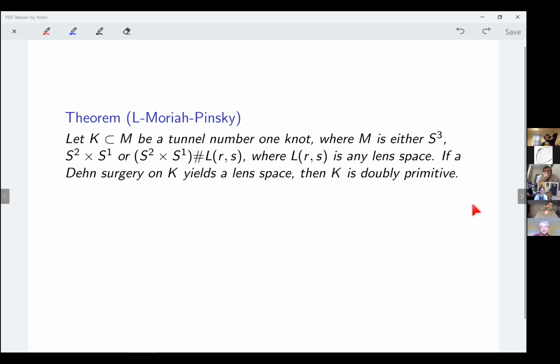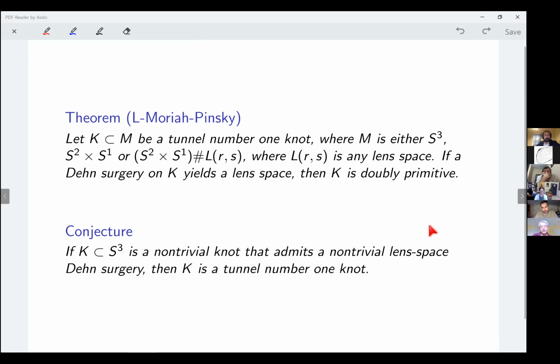So I can view this as one piece of the Berge conjecture. The remaining piece would be: if you have a knot in S3 with a non-trivial lens space surgery, then this knot always has tunnel number 1. If this conjecture is true, plus our theorem, that can prove the Berge conjecture.